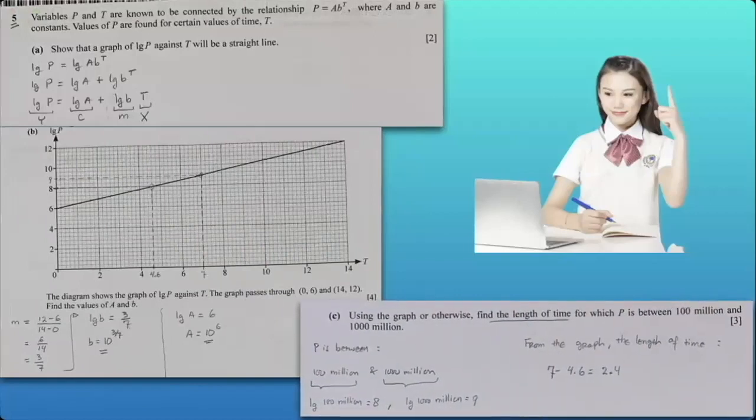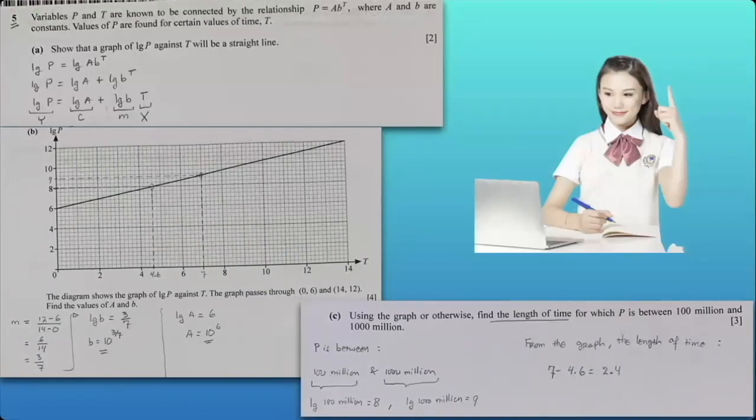Next, question C. Using the graph or otherwise, find the length of time for which p is between 100 million and 1000 million. So let's transform these two values into log base 10.